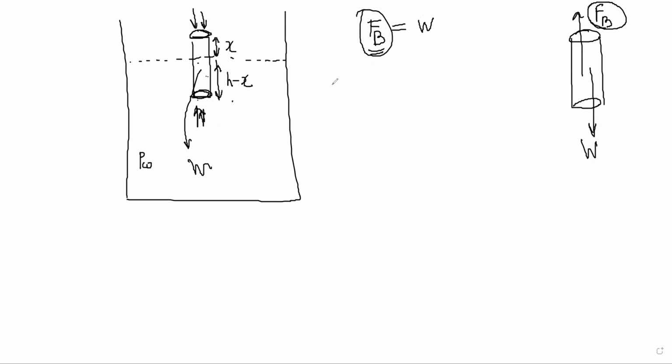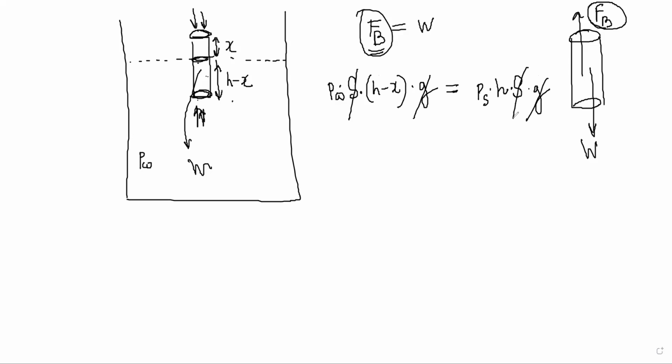Force of buoyancy will depend on the weight of fluid displaced, which is due to H minus X height. Rho water into area of cross section into H minus X into G is equal to the weight of the solid, which is rho solid into H into S into G. So S and G cancel and you get rho solid is equal to rho water into H minus X by H. So rho solid is some fraction of the density of water.